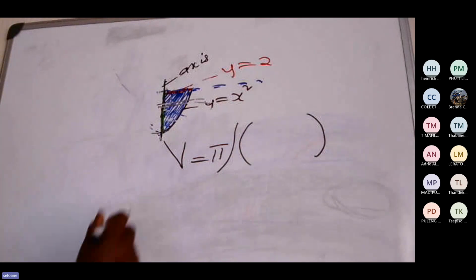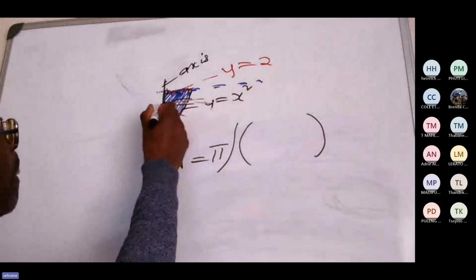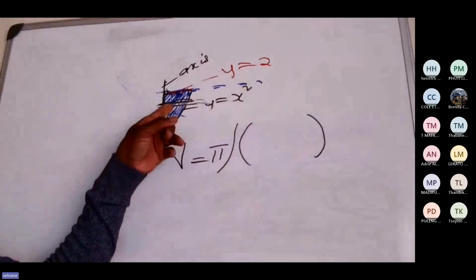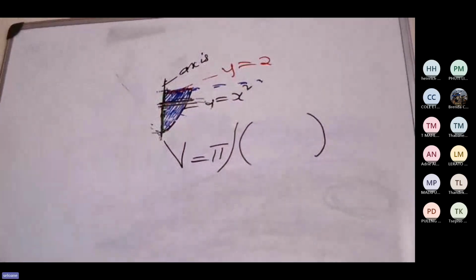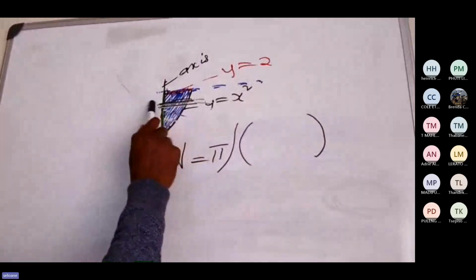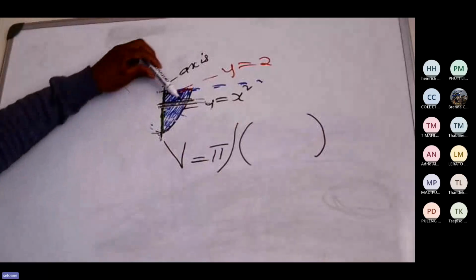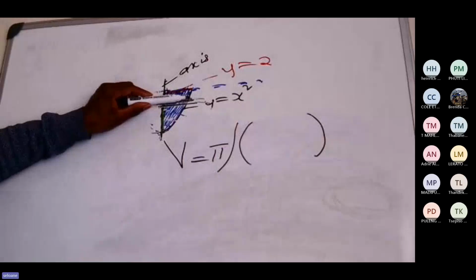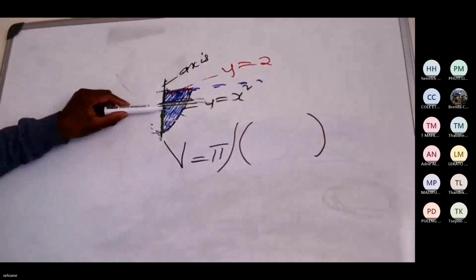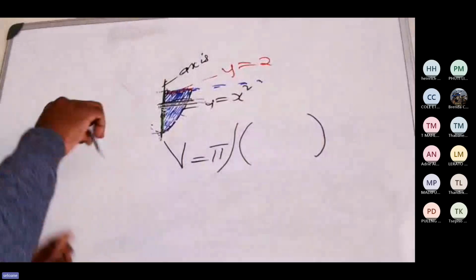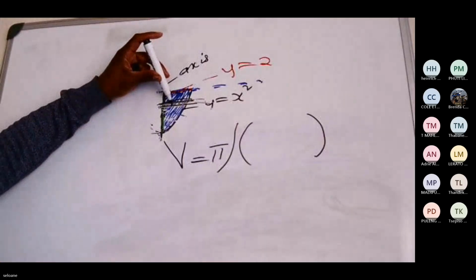of what now? Then you look at your disk and ask, how do I get its thickness? So what will be the thickness of the disk? That will come from here. Your disk was cut like this, horizontally, perpendicular to this. So to calculate how thick your disk is, you will determine this, measure this.